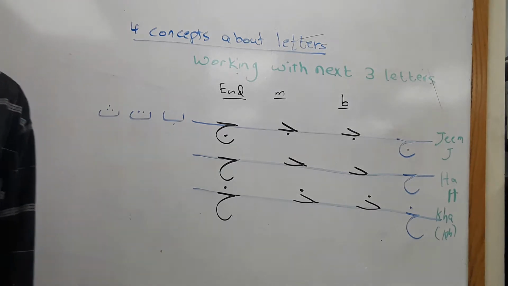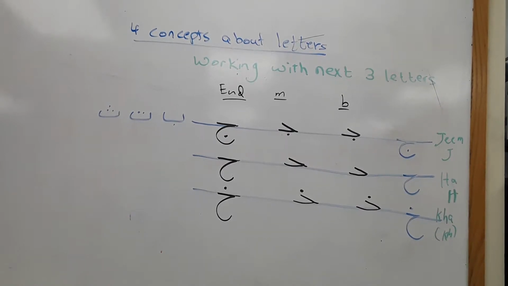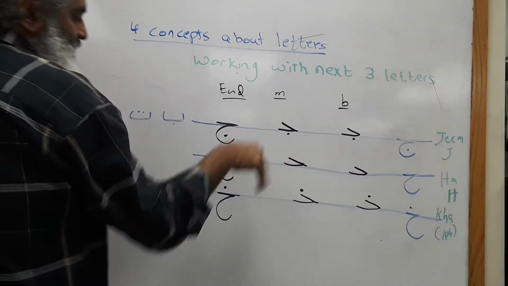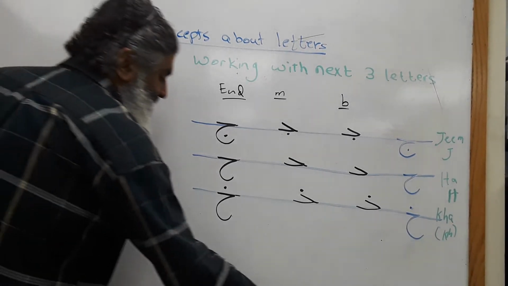Now, when we go about making words, we will have to apply all these concepts as well as the previous letters. So we learned Ba, Ta, Tha before, and now we have to work with Jeem, Ha, Kha as well. So here are some examples.